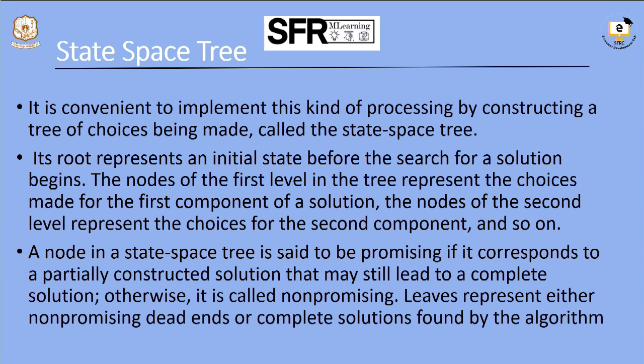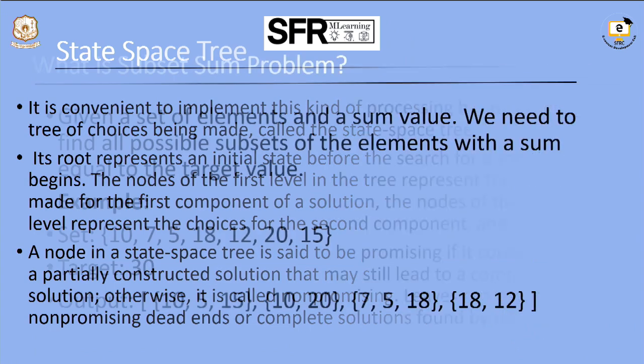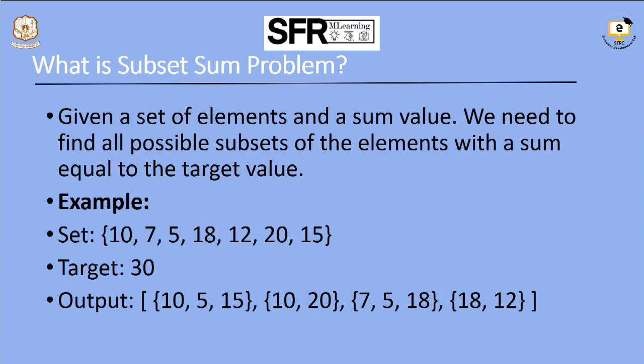The left side represents the first component of a solution and the right side represents the second component, and it goes on. In a state space tree, each node represents a state of the problem, and the node can take two values: one is called a promising node and the other is called a non-promising node. When we select a promising node, we go on expanding with the constraints, and if it is a non-promising node, the constraints are not satisfied, so we stop.